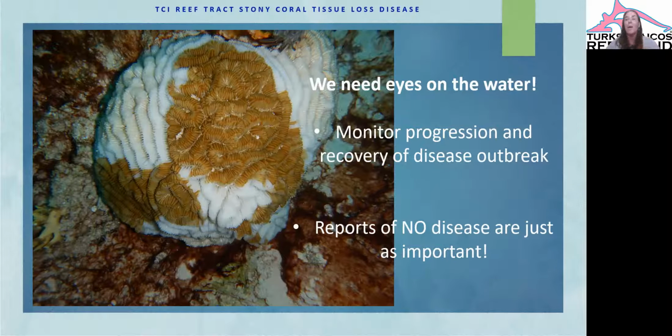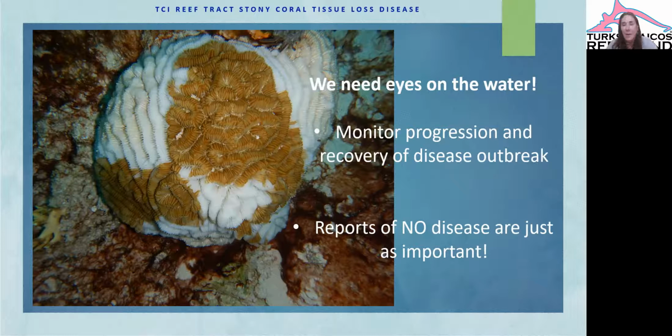So having trained dive professionals or citizen scientists that have a stake in the local environment can really lead to a large amount of valuable data being collected. And we are seeing that firsthand here in the Turks and Caicos, that through these observer training programs, we've been able to widely increase our monitoring efforts and really collect a lot of valuable data.